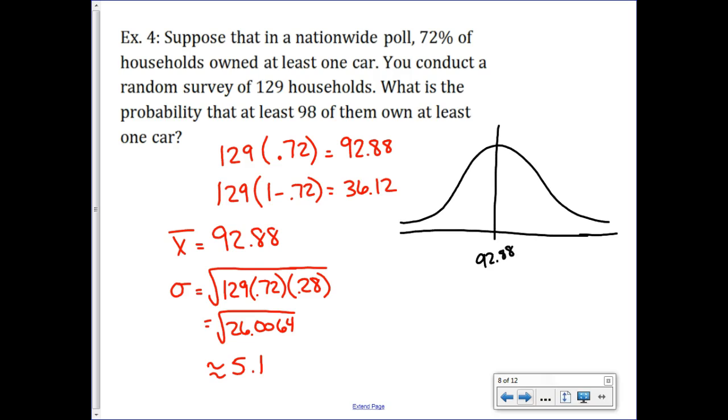If I add 5.1 to that, I get about 98. So 92.9 plus 5.1 gives you about 98. So we want to know the probability of all of this, that at least 98, so 98 or more people.